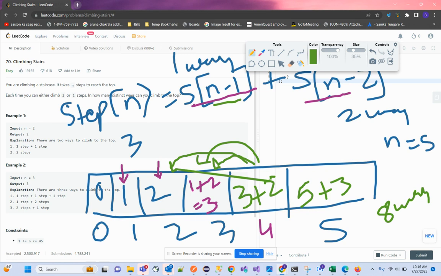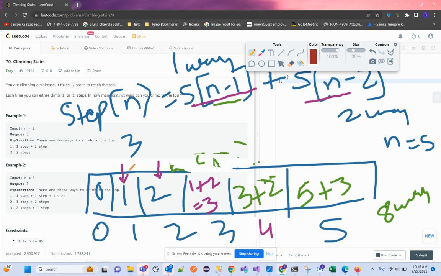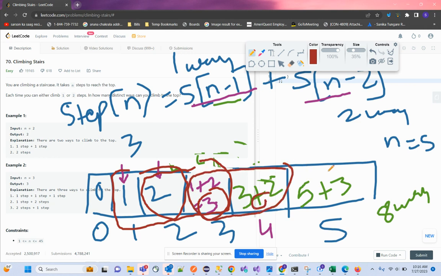So if you see this particular array, sorry for this bad drawing, but I just want to explain to you that because we are storing the values over here, we are able to calculate the targeted step.